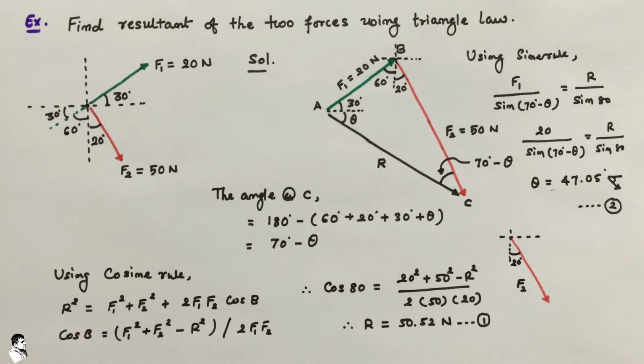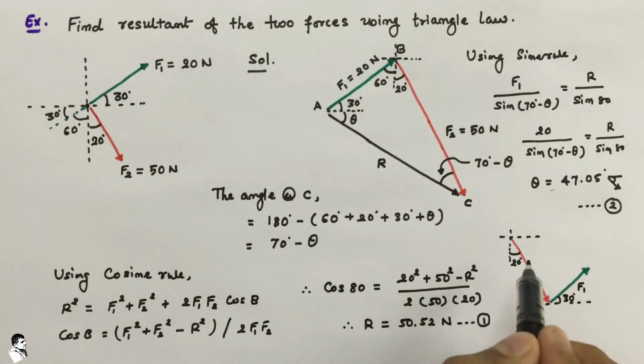Again in the second step we draw another force, that is force F1, maintaining the proper angle here and the magnitude of that particular force. So this is our F1, and if you see that, that will make a 30 degree with the horizontal.